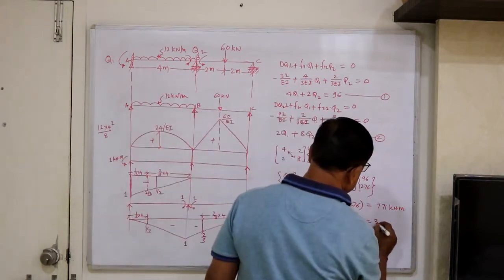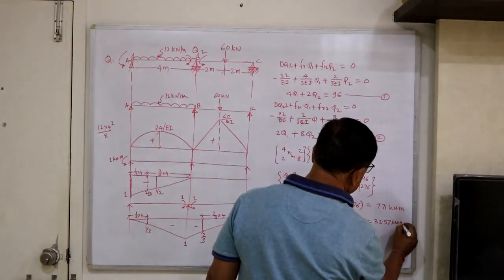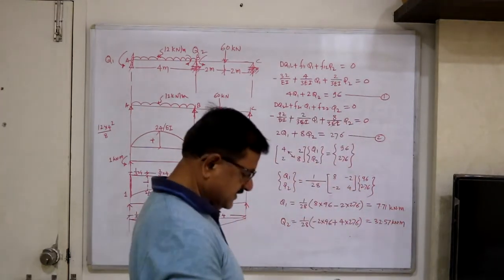So this is also positive, meaning the assumed direction is okay. We have 32.57 kilonewton meter.